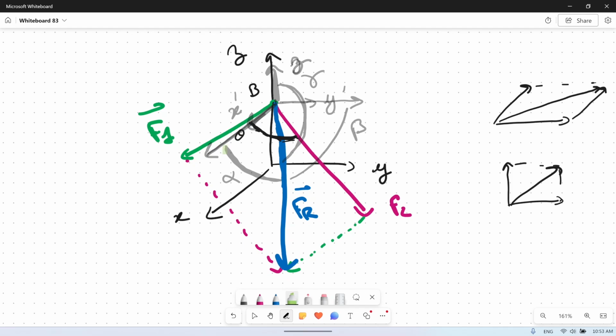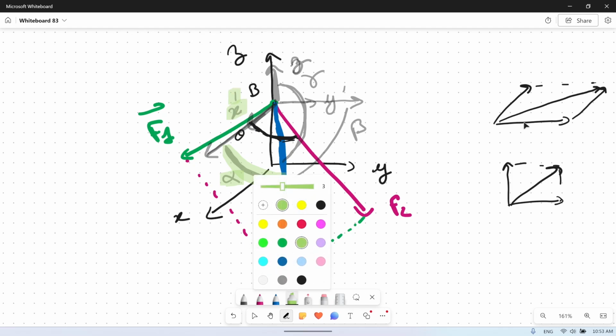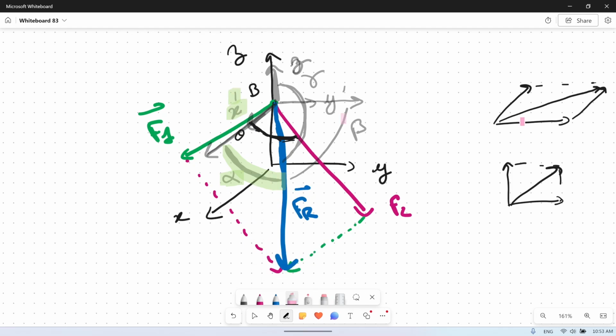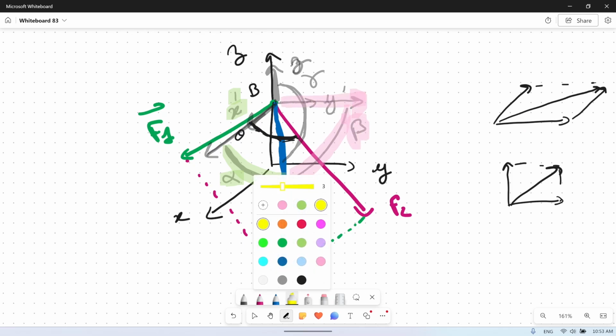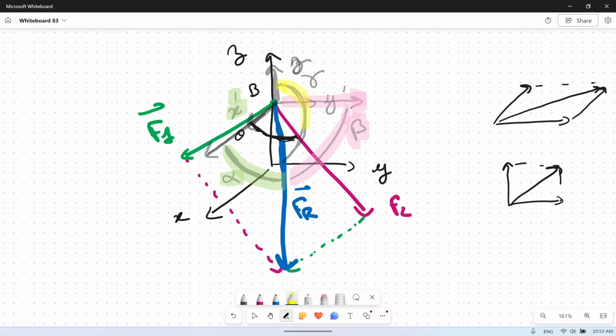But let's say alpha with the X prime, beta with the Y prime, and gamma with the Z axis. Does that make sense? So now we know which direction FR is going.